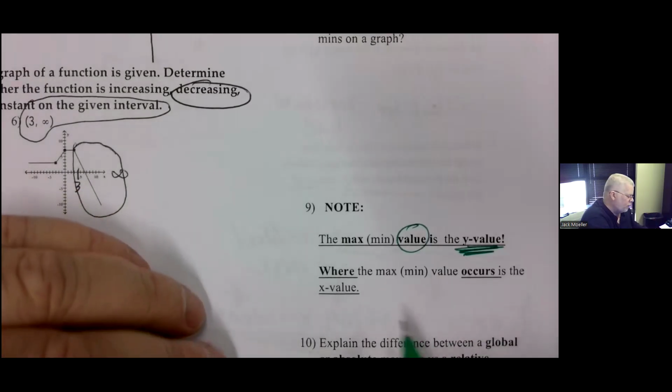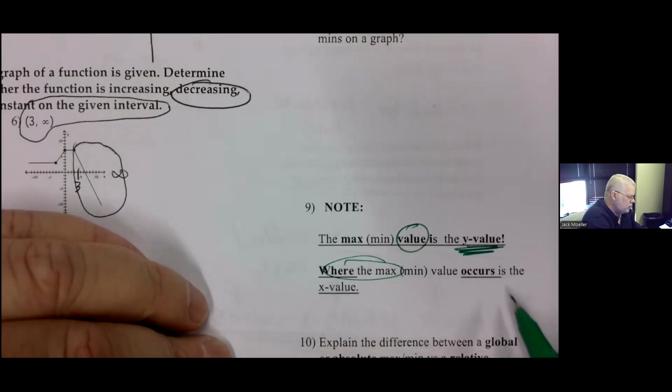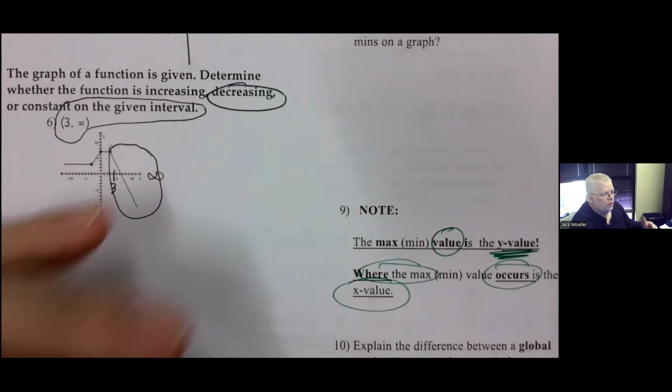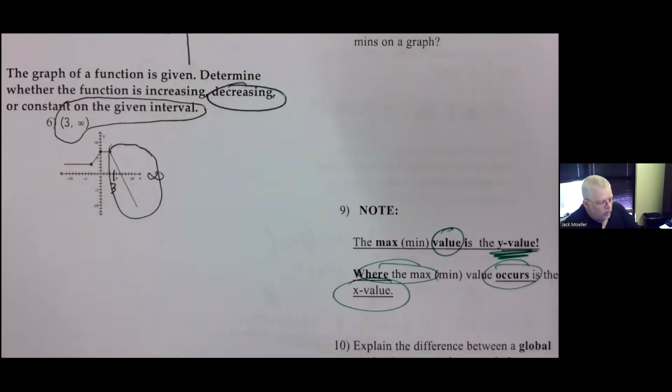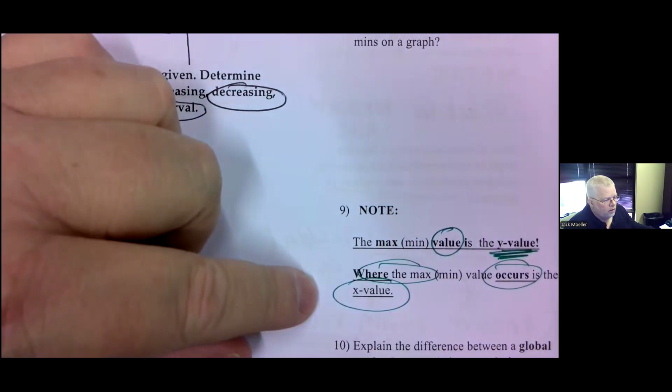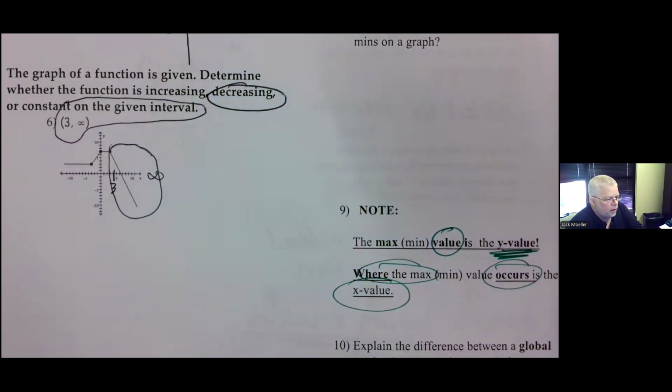If we're talking about where it is or where it occurs, that's the x value. And then sometimes they're going to want it as an ordered pair. So depending on how they ask the question, you may be answering the y value, the x value, or the point where it occurs. And that could vary from problem to problem. So that's one of the little mini details that you have to pay attention to when you're doing this.